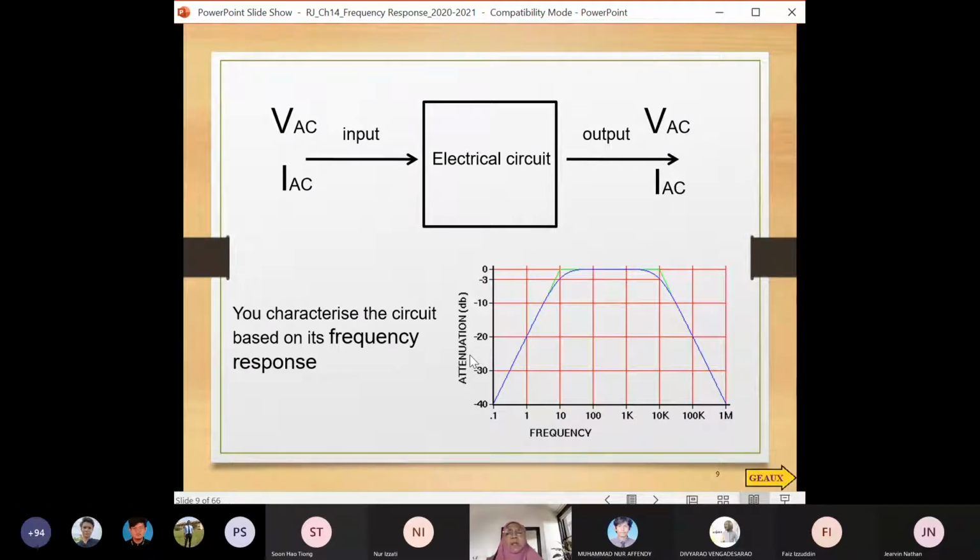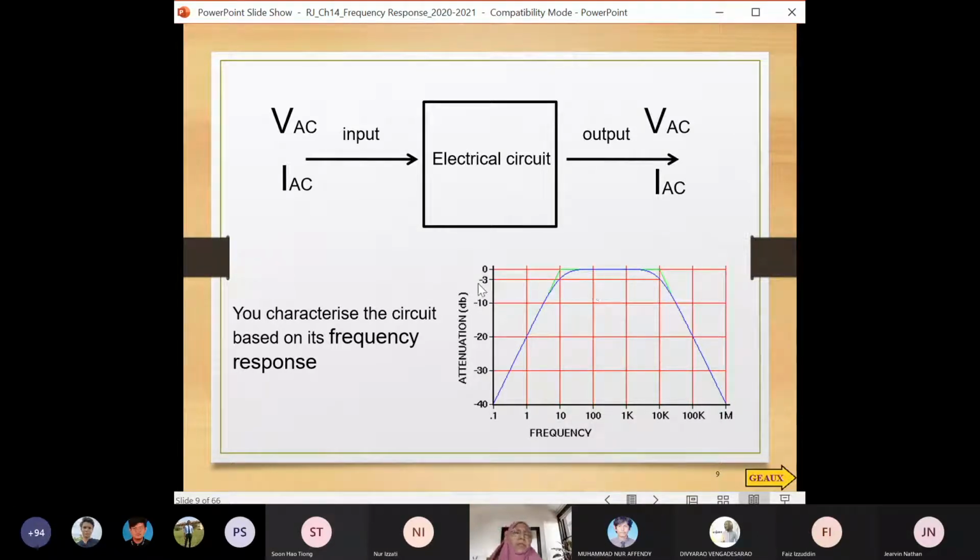Attenuation means how much it is truncated. You characterize the circuit based on its frequency response, and you want to see that it has optimum response only at a certain range.